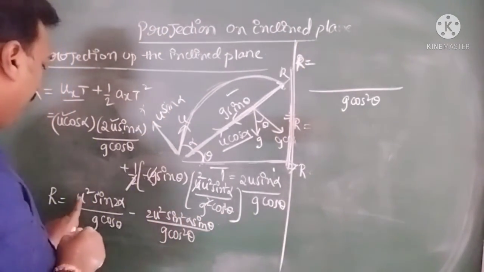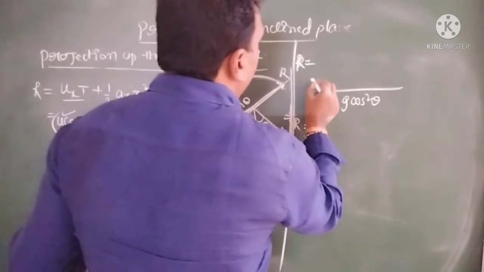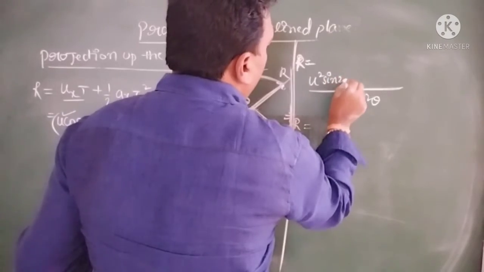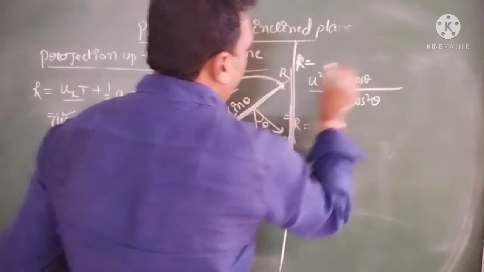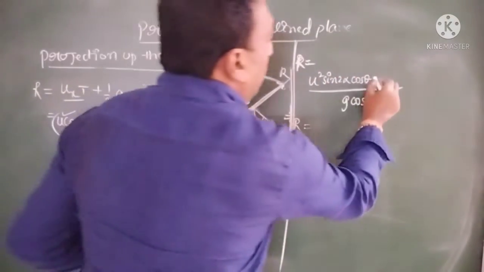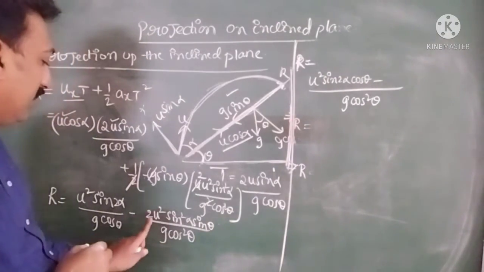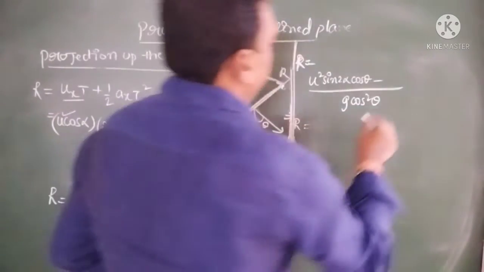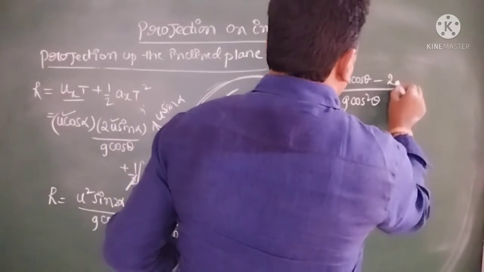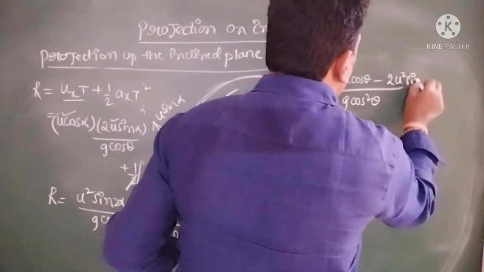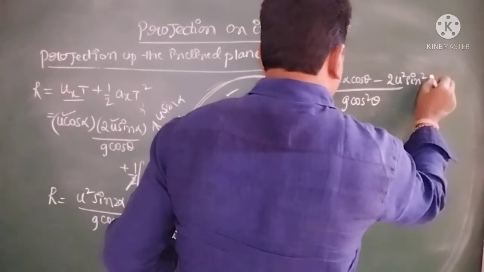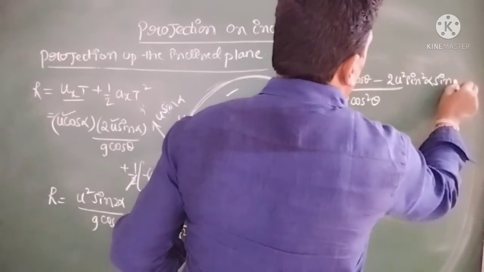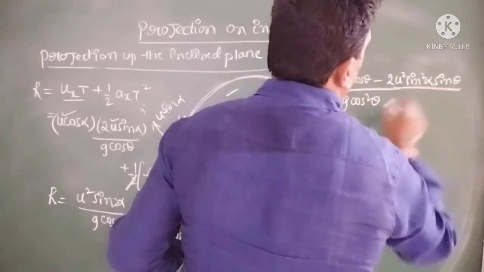So here u square sin 2 alpha followed by cos theta, minus 2u square sin square alpha sin theta.